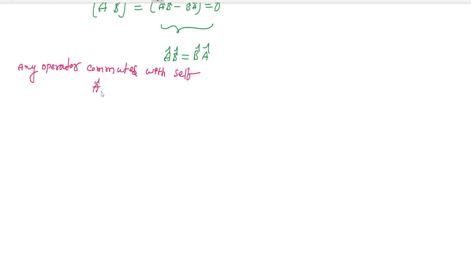That means if A is one operator and A is another operator, the same operator, the commutator is equal to 0.